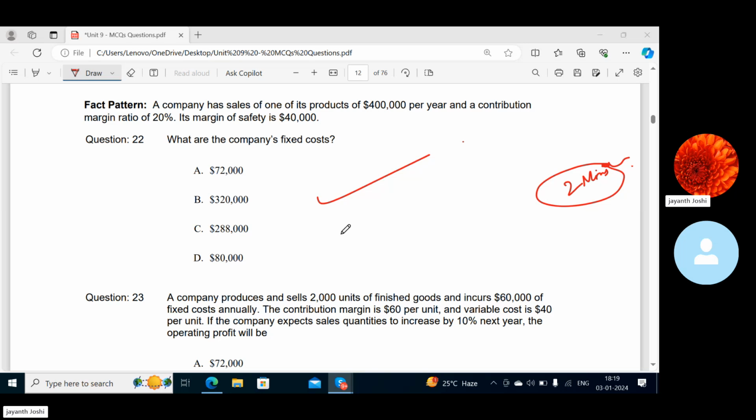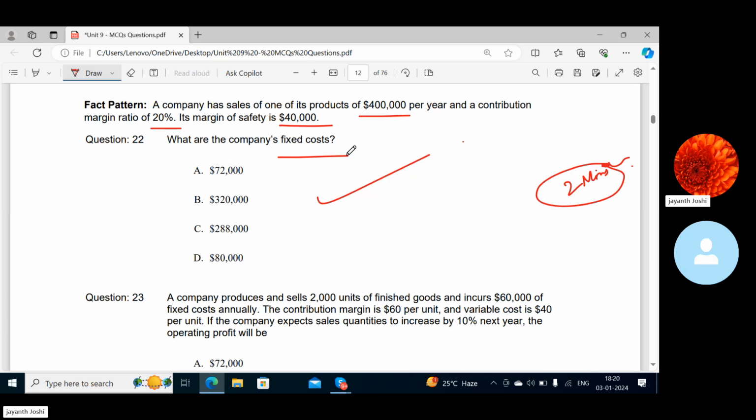Company has sales of one of its products of 400,000 per year. This is the sales. And contribution margin ratio, margin of safety. They're asking for the fixed cost. Can you find out?